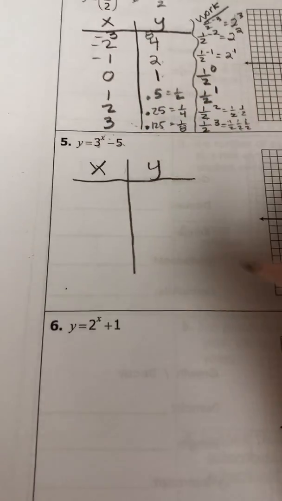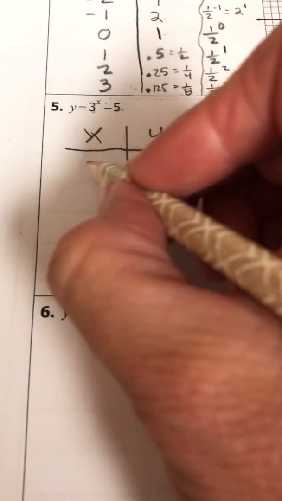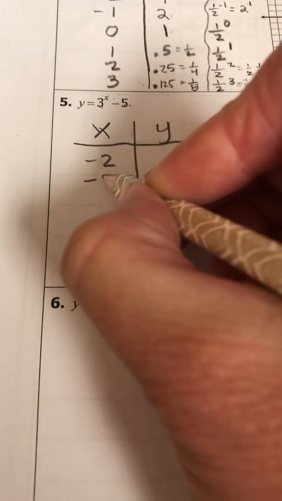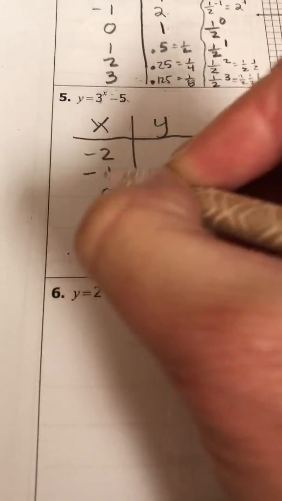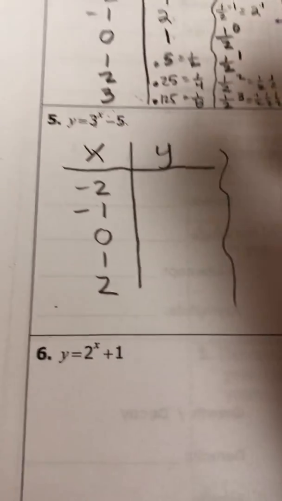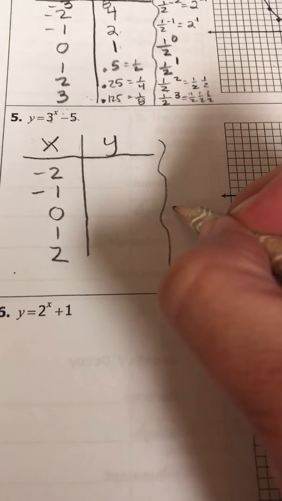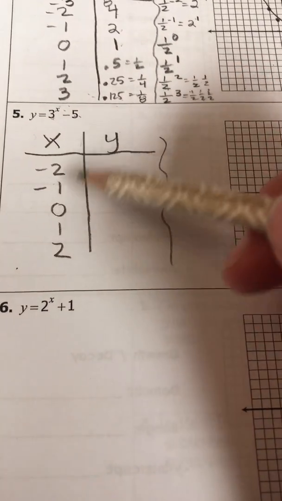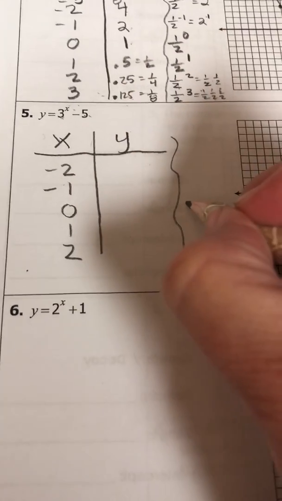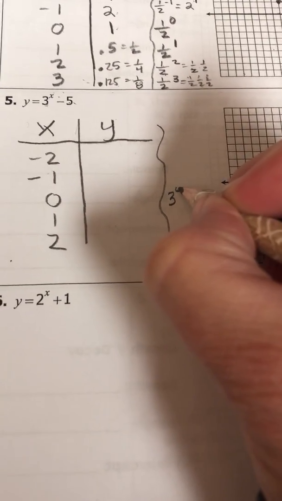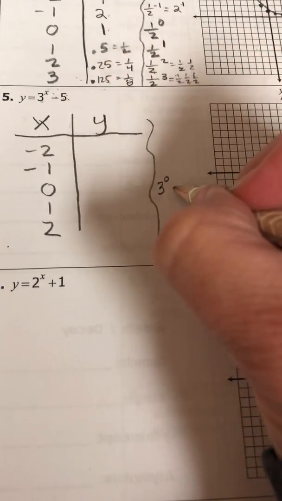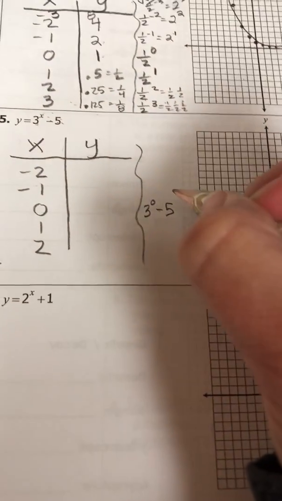So let's go ahead and put these possible values over here. Here are my input values. And then I'm going to put them through my machine, and I'm going to show my work, and figure out what we're going to do next. So if 0 is x, this means I have 3 to the 0th power, but now I'm subtracting 5.